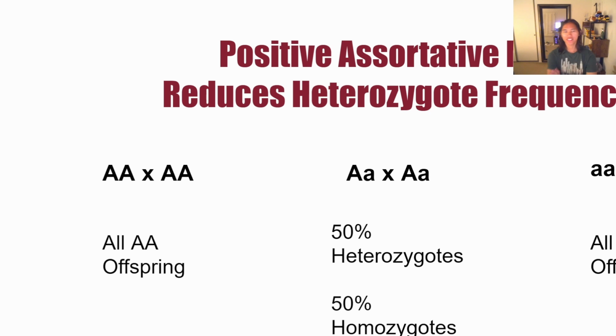As we can see here, positive assortative mating is one of the causes for the reduction in heterozygosity. These are the three most common matings in positive assortative mating.